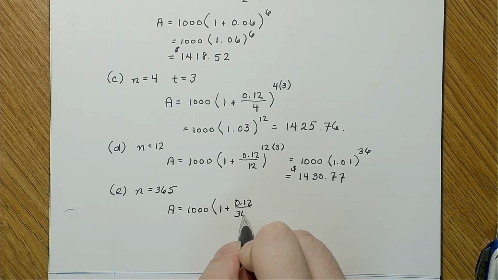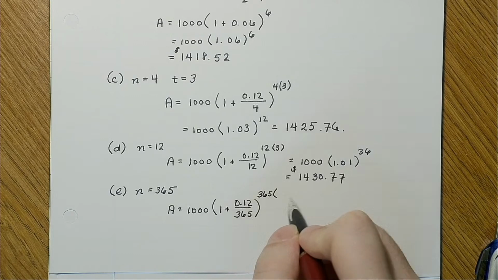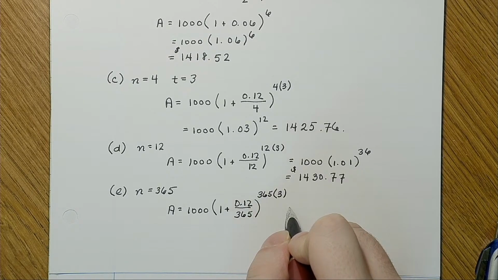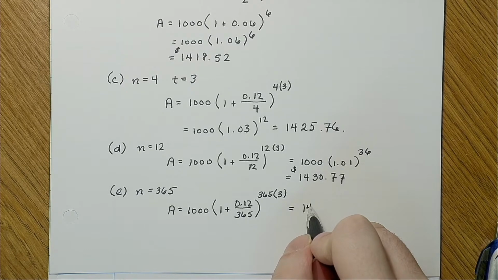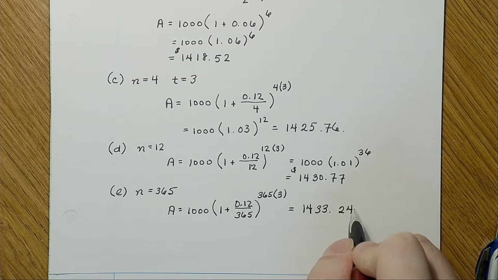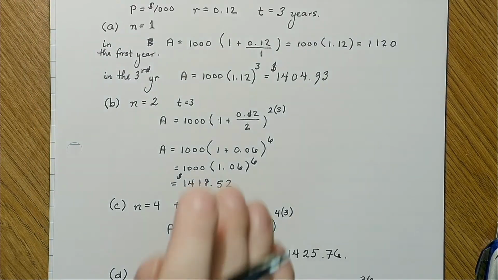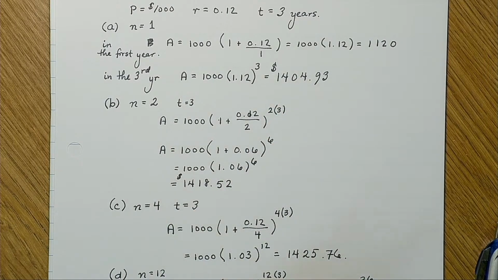Dividing the rate by 365, I have 365 in the year, and I'm going to multiply by 3. Plugging that into the calculator gives me 1,433.24. So you can see the more periods that you're getting compounded, the more money that you get.